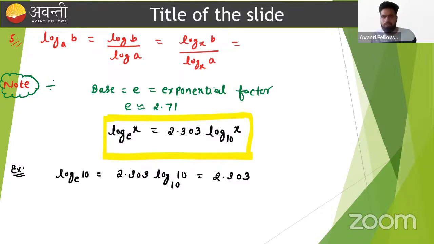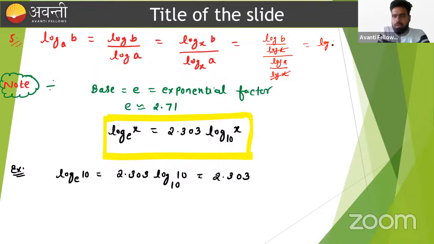We can choose any base X for input B and the same base for input A. So we write log B on base X over log A on base X. Using the given property, this is log B divided by log X over log A divided by log X. If we solve this, we get log B upon log A. This is a wonderful property. By using this, we can change the base of the log.